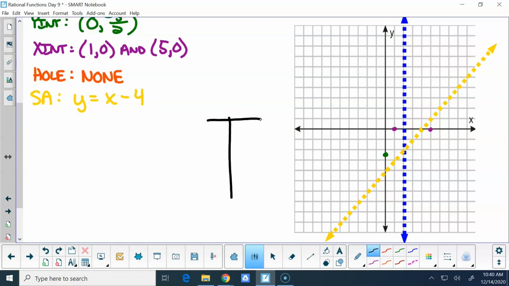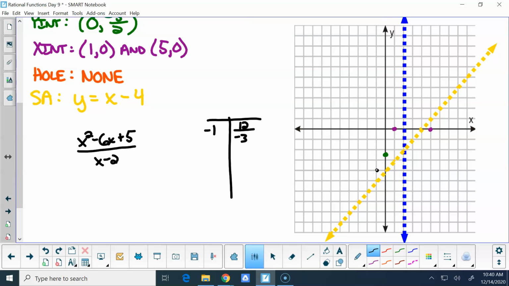Little step 7. What do we have? We had x squared minus 6x plus 5 over x minus 2. So let's do negative 1. So that's going to be 1 plus 6 is 7 plus 5 is 12, all over negative 3, so that's negative 4.